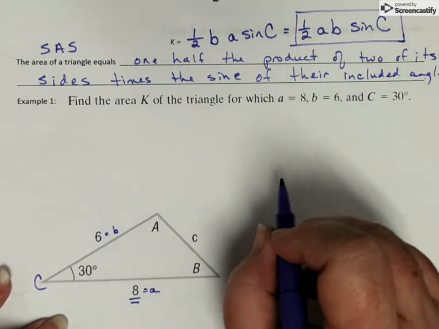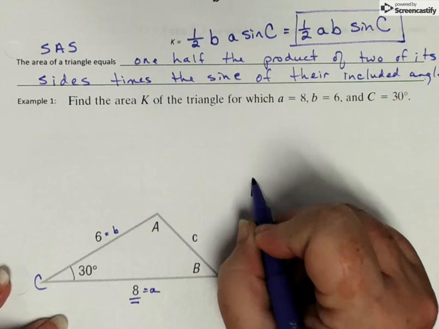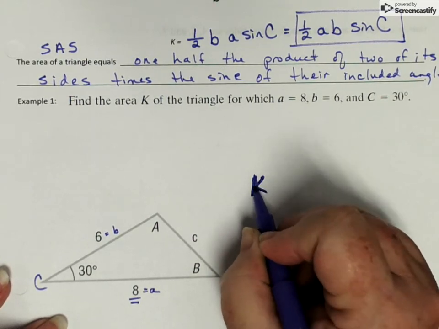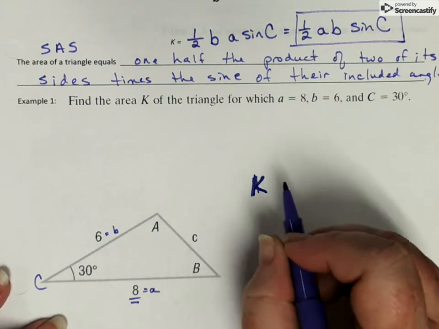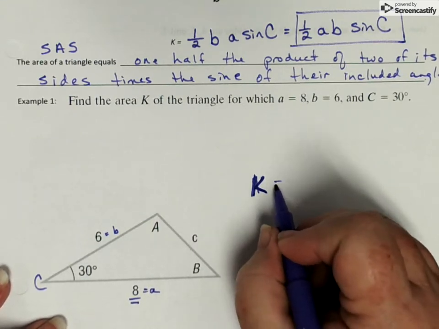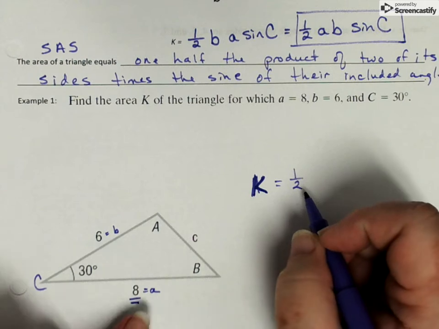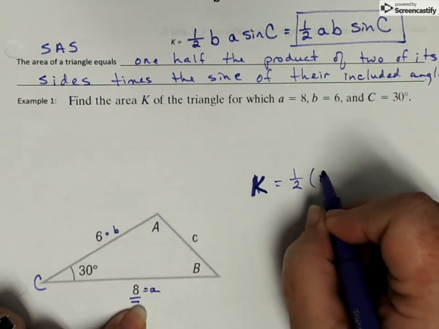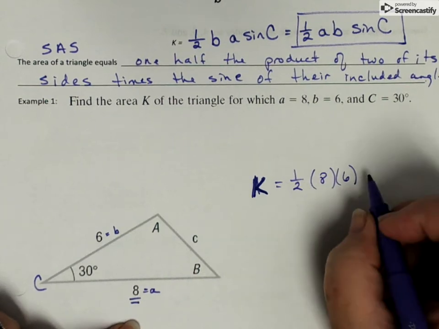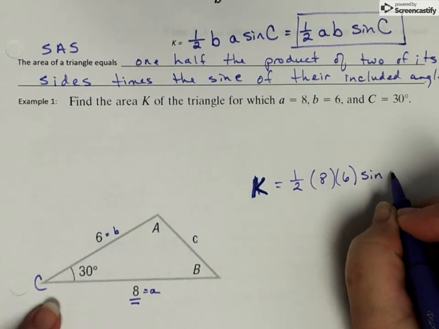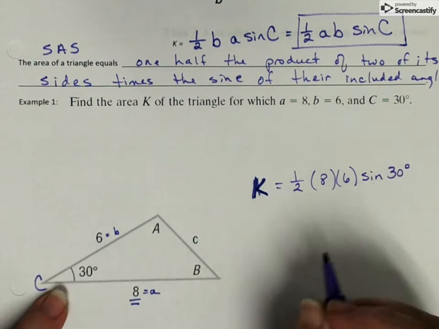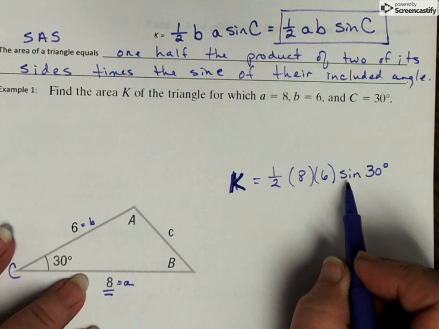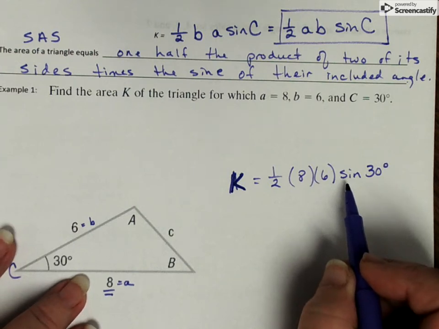Well, then following the formula, I would take the area of the triangle, which we're going to use the letter K, because capital letter A right now represents an angle measurement, so we're just going to use the letter K, is equal to 1/2 times the two sides, so I'm going to do 8 times 6, times the sine of the included angle. So I've got 1/2 times 8 times 6 times the sine of that angle 30 degrees.